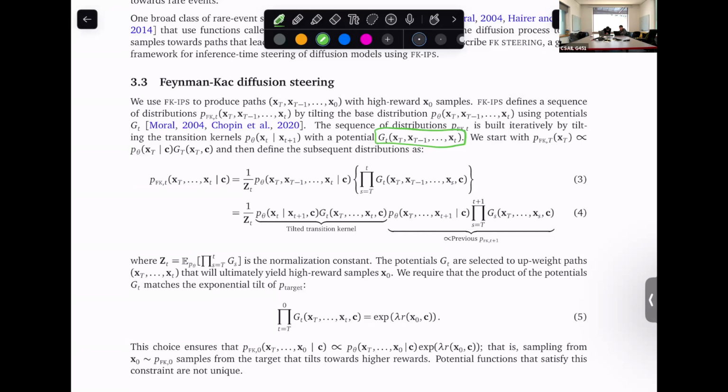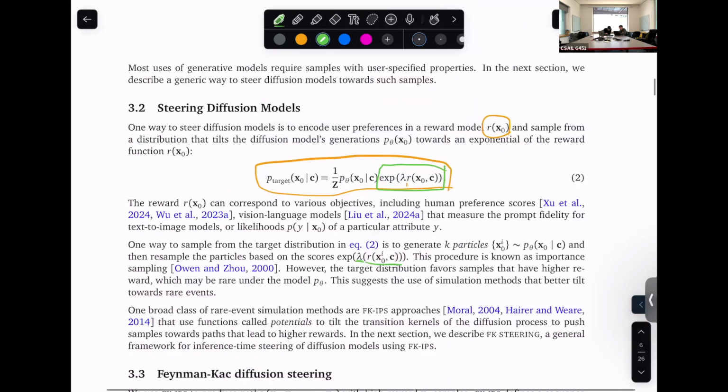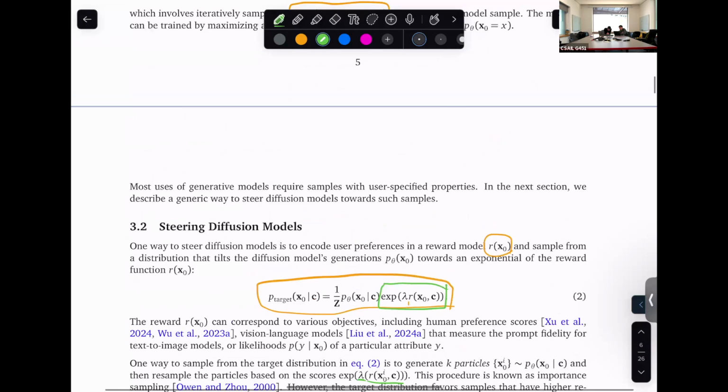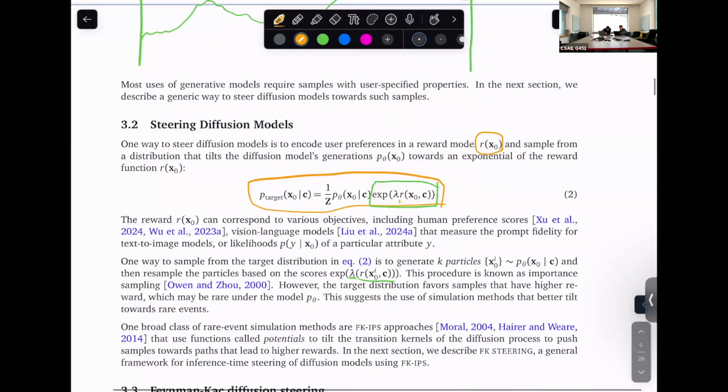If we recall our picture from the beginning, we want our scheme to operate at intermediate points along the denoising trajectory. So I want some notion of what my reward is at intermediate points, and a way of saying which of my samples are the most important. This paper does that via the introduction of objects called potentials.